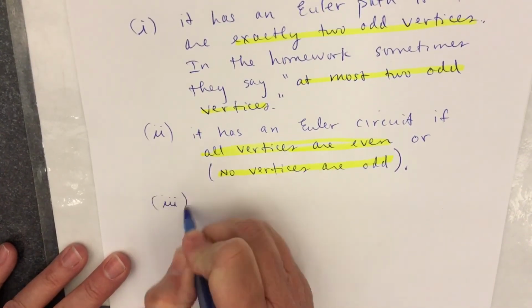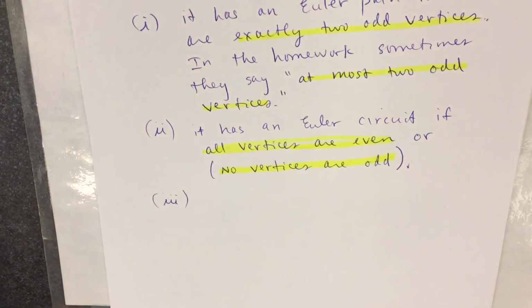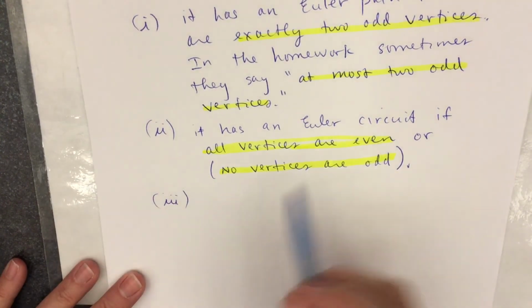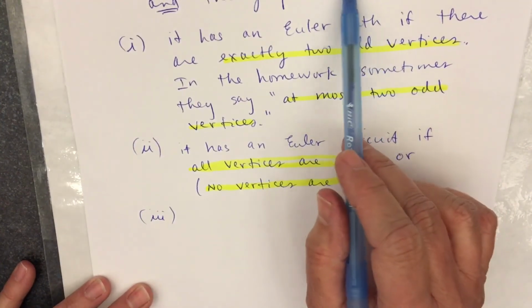The third part, okay, we have the connected graph. If there are more than two odd vertices, so let me kind of get this to flow with what I've written.